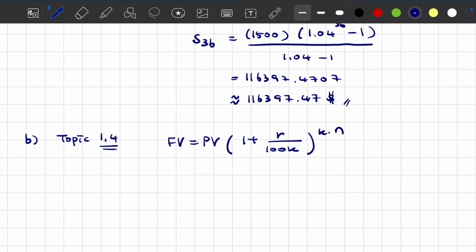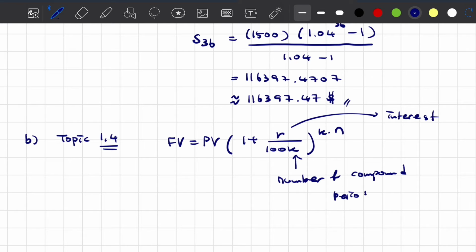Here r is the interest rate, of course, k refers to the number of compounding periods per year, and n means the number of years.